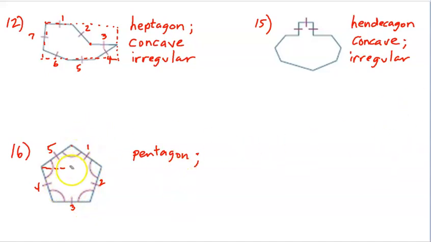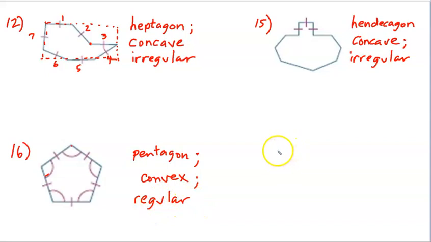But this is going to be convex. And we're told by the little line markings that the sides are congruent. And by these curves around the angles, we're told that the angles are all the same. The angles are congruent. So that's the definition of regular. Okay, that takes care of 3 of your first 6.